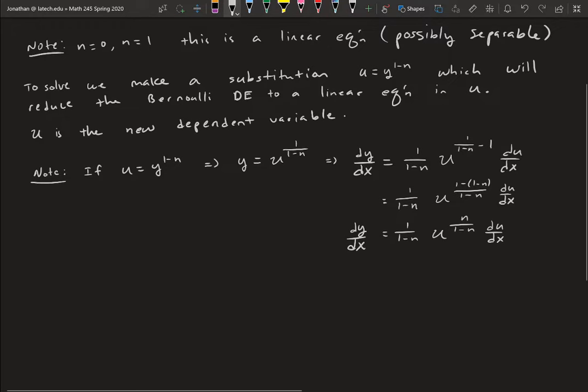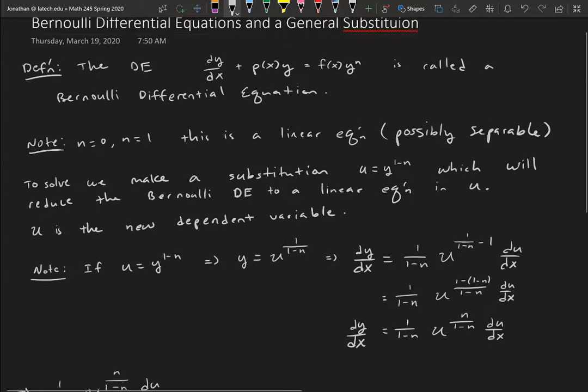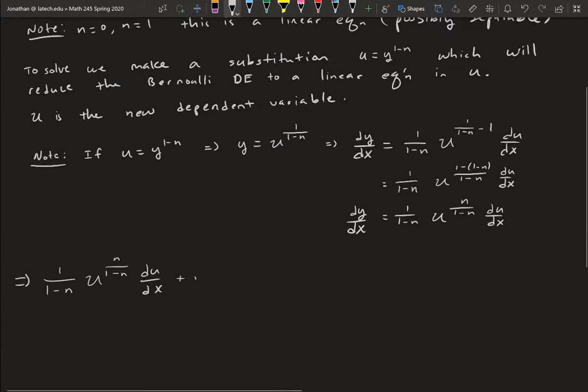So this is going to tell us our Bernoulli equation becomes 1 over 1 minus n u to the n over 1 minus n du dx plus p of x times y, but y is u to the 1 over 1 minus n, equals f of x times u to the 1 over 1 minus n to the nth power, because that's y to the nth power.